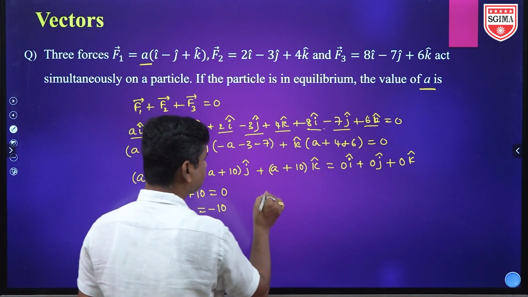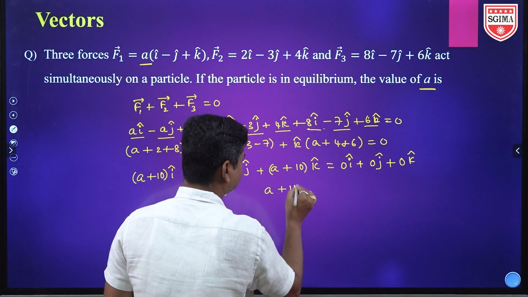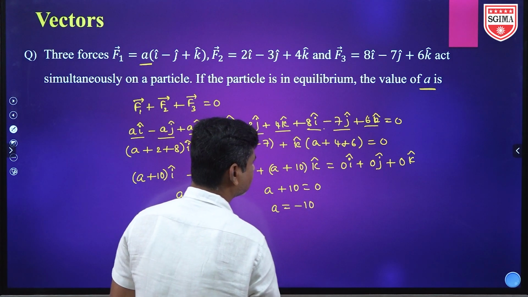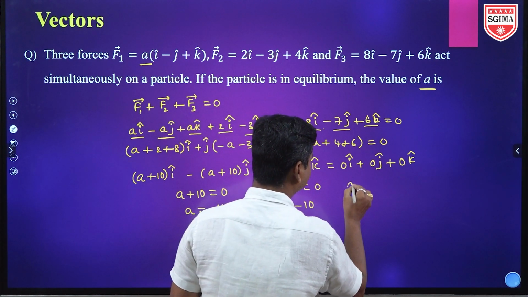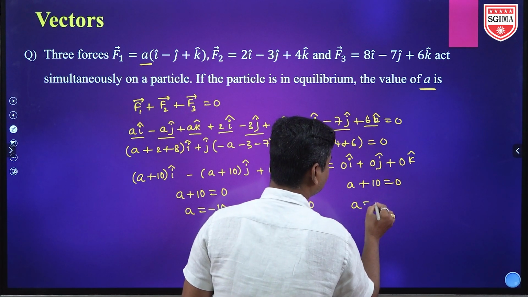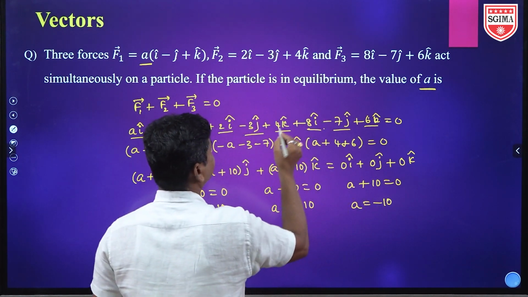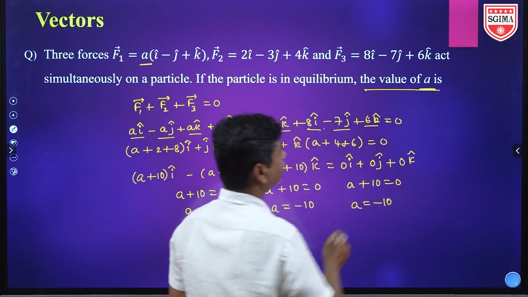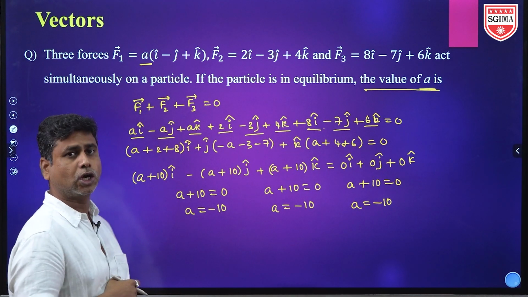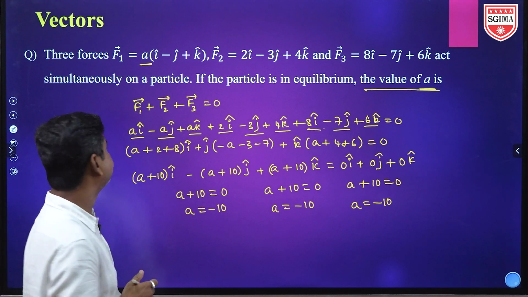Taking the j cap term also, a plus 10 equals 0, so a equals minus 10. Taking the k cap terms, a plus 10 equals 0, so a equals minus 10. They are asking the value of a, and we found it. This is the method for solving questions about equilibrium.